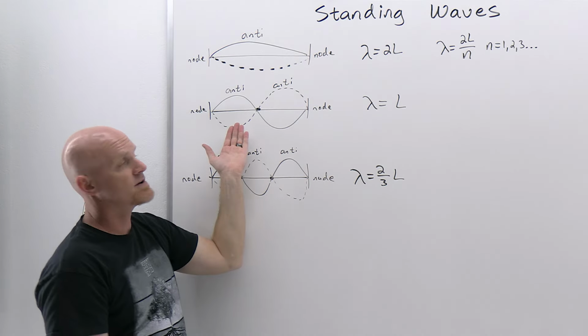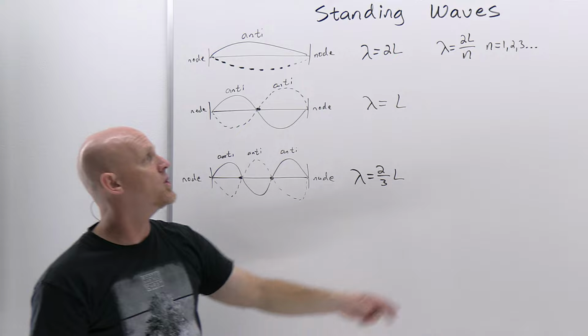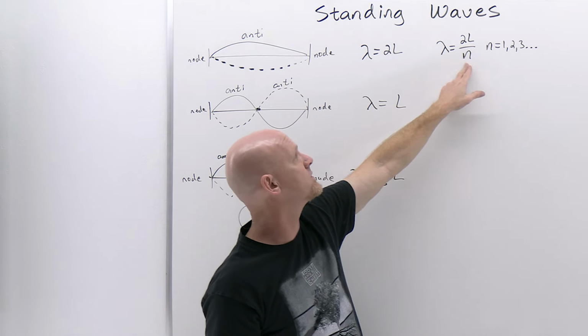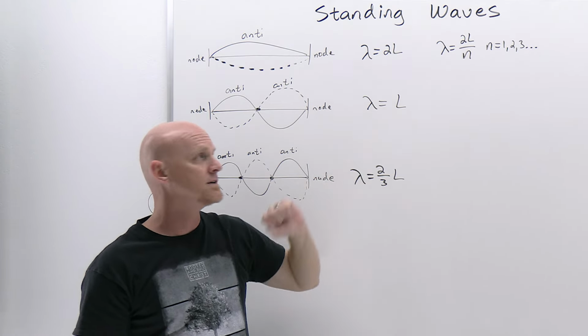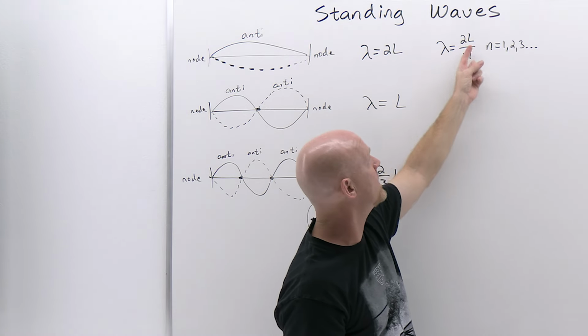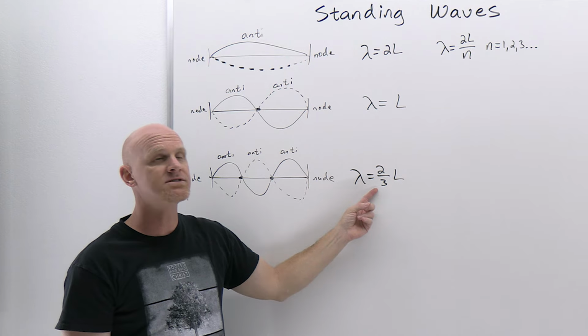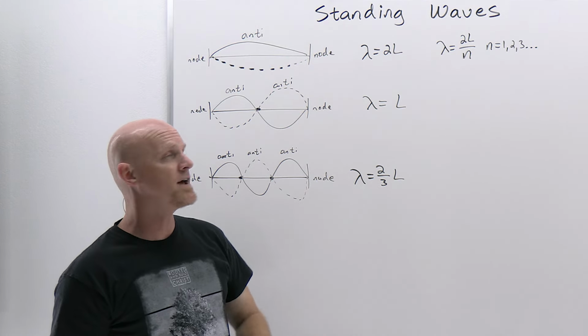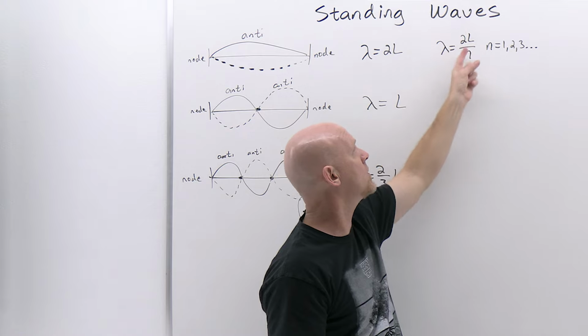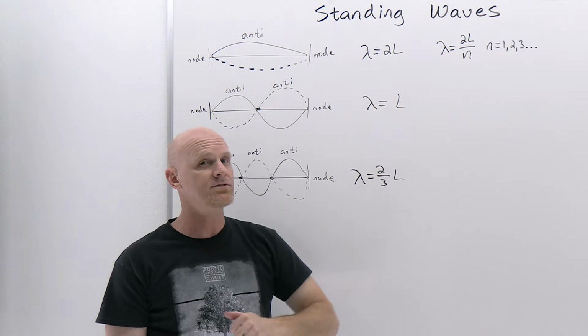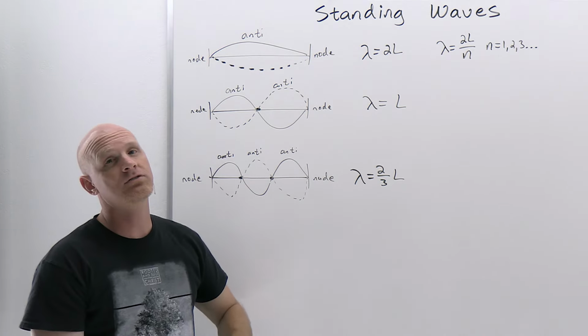So for the second one, lambda equals 2L over 2, and 2L over 2 is just lambda equals L. For the next one, it'd be lambda equals 2L over 3, which is the same thing as saying lambda equals 2/3 L. For the fourth one, n equals 4, it'd be lambda equals 2L over 4, or lambda equals 1/2 L, so on and so forth.